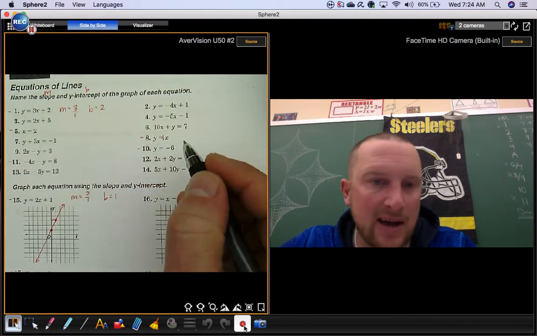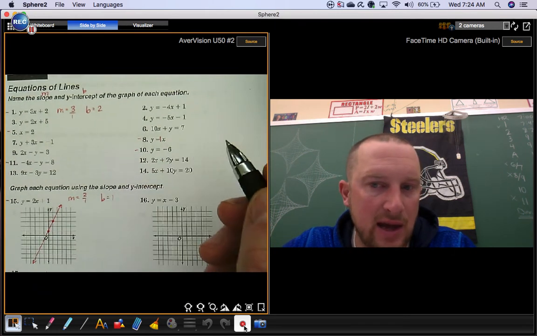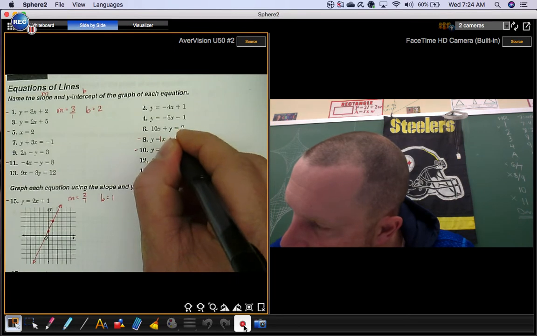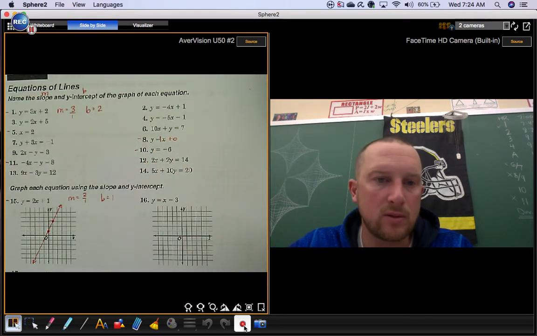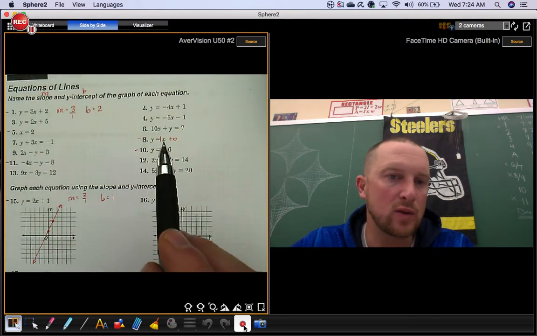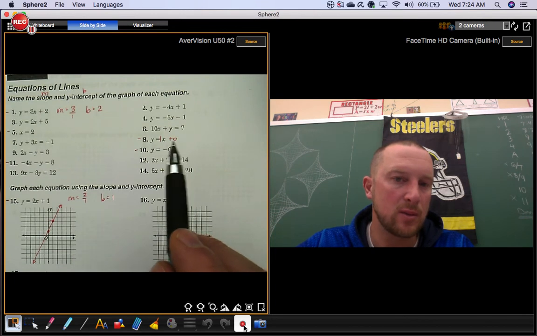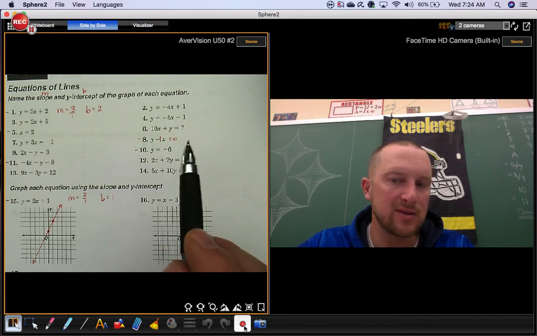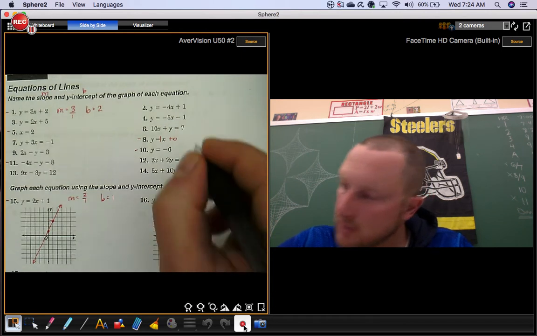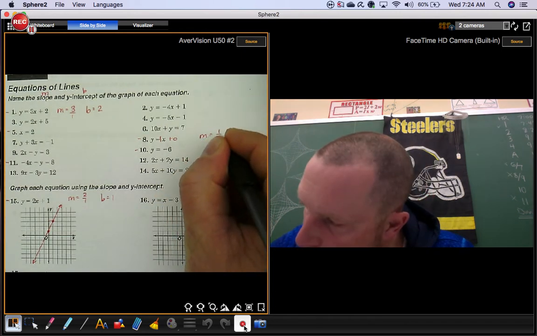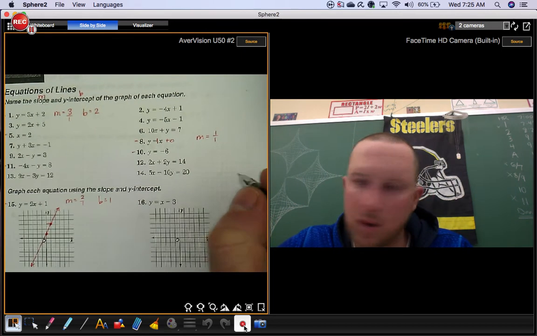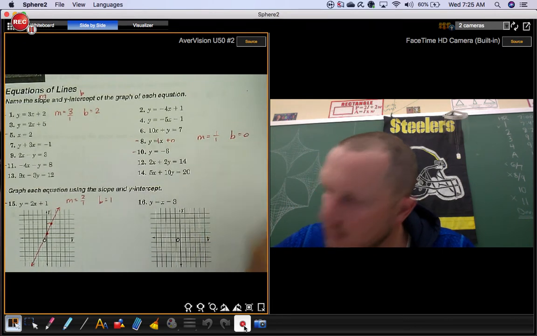Notice how there's nothing added to it. So if there's nothing added to it, wouldn't it be the same thing as adding 0? You can change this to y equals 1x plus 0. That might seem silly, but isn't it a lot easier to look at now? The slope is 1, so I'm going to write it as 1 over 1. And the y-intercept is 0.